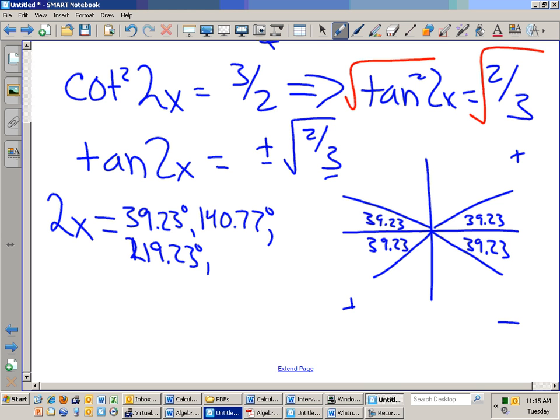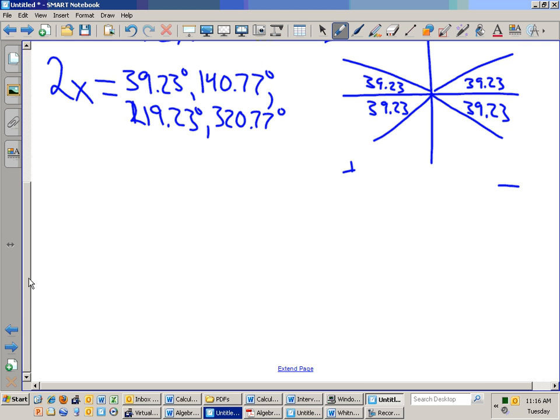And then, all right, there's my 4 angles. That's equal to 2x. Now divide everything by 2. What's the first one? 19.6 about.